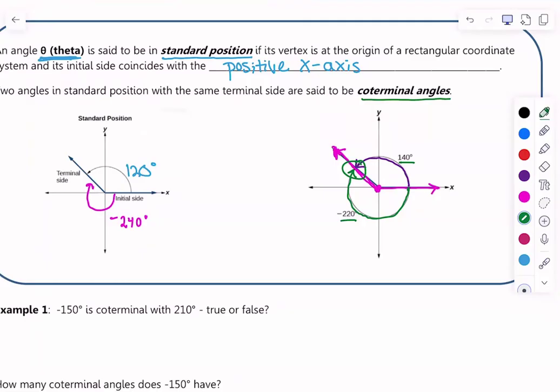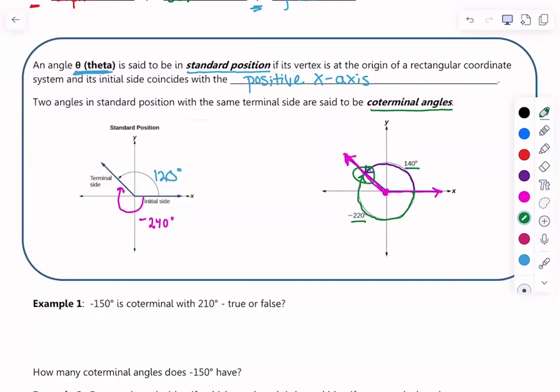So essentially they start and end at the same spot. This is really important when we start using sine, cosine, and tangent. It makes life really easy because if I get a really large angle, I can compare it to a very small angle.